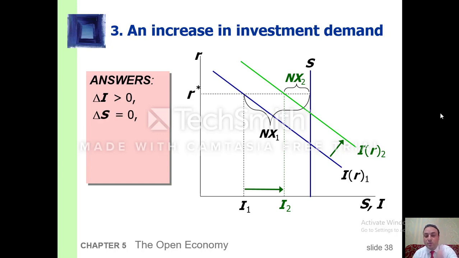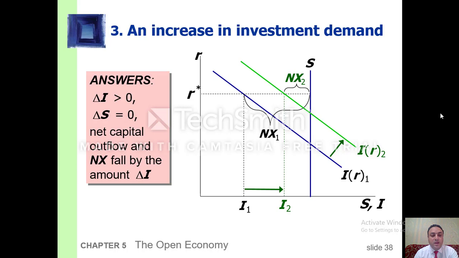Yani, the investment will increase. The change in savings will equal zero. The savings here is fixed. There is no change because it's determined by the amount of income and consumption and spending. And the net capital outflow, which is the same as the net exports, falls by the amount of change in the investment. As you can see, the difference between NX1 and NX2.